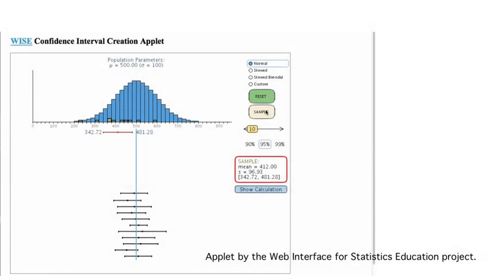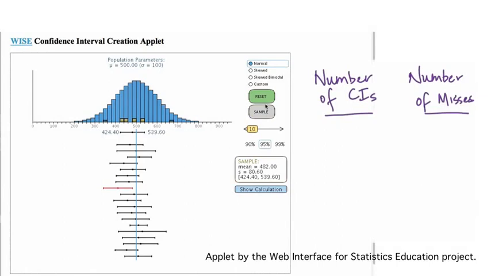For this applet, we can show confidence intervals from 20 samples on one screen. So finishing that up in these 20 samples, the resulting confidence intervals miss the true mean just that once. So our 95% confidence intervals correctly captured what they were supposed to 95% of the time.